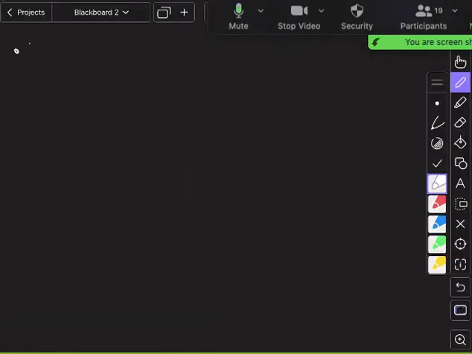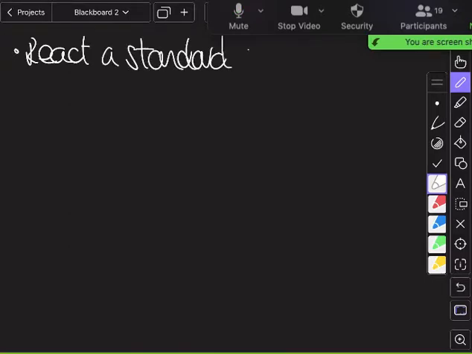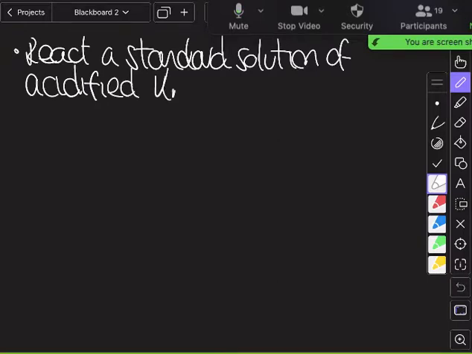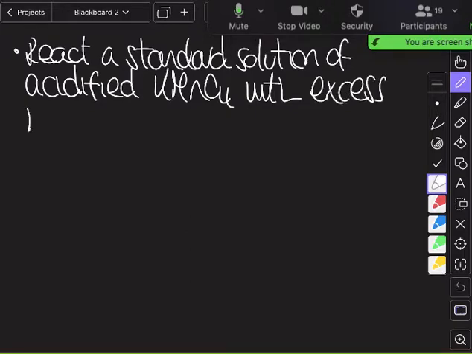Okay, so for method 1, you're going to react a standard solution of acidified KMnO4 with excess KI in your conical flask. I'm going to say titration flask so you'll get your head around that.